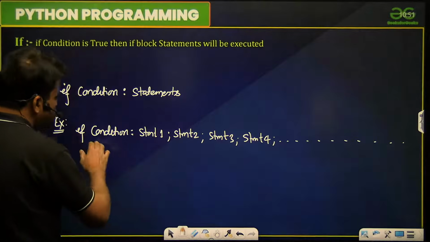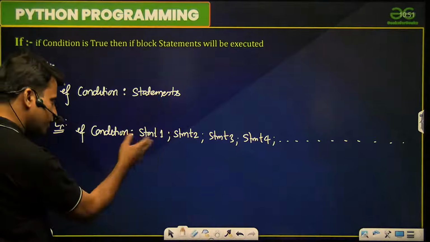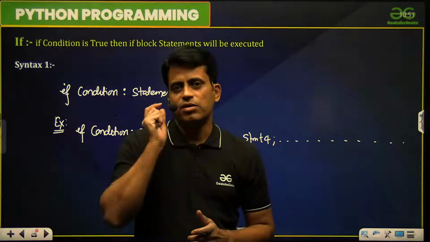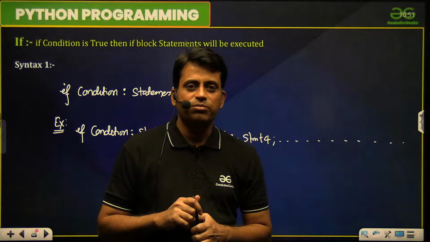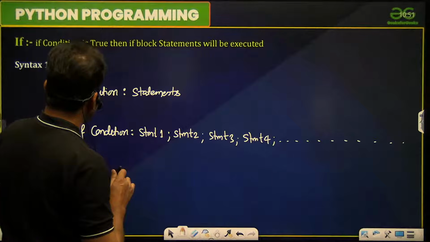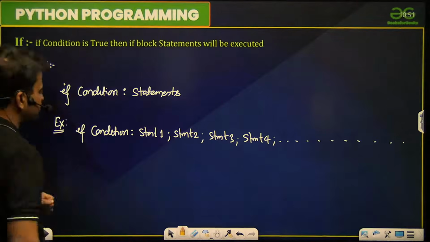Sir, if you want to see the statements, you have to scroll horizontally, right? Scrolling the program horizontally is not readable. If you view your whole program horizontally, it is not readable, student. So this type of syntax is preferred only for a single statement.